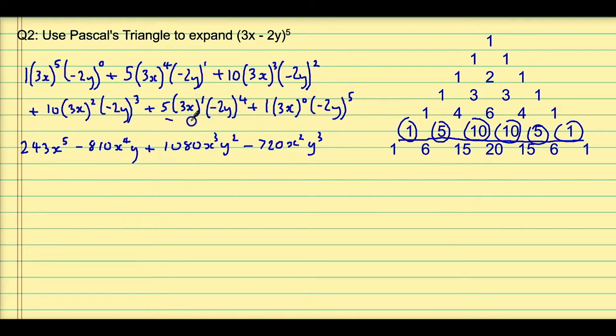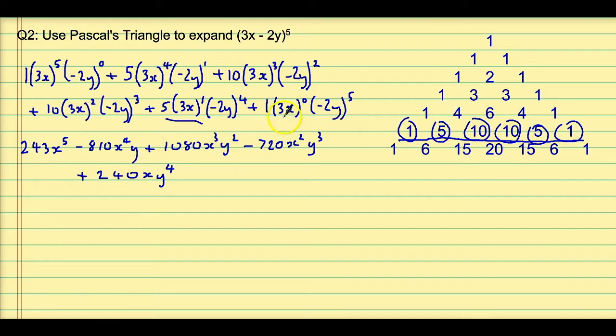Just move on to the next line now. So we're on to this term here. So we've got 3x to the 1, minus 2y to the 4. Well, minus 2y to the 4 is 16y to the 4. Multiply that by 3, you get 48. 48 times 5 gives us 240. Now this time this is a positive, so it's positive 240, and we've got x to the 1 and y to the 4.